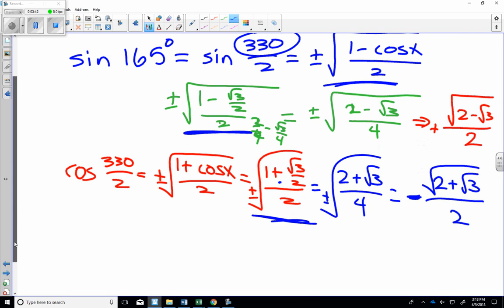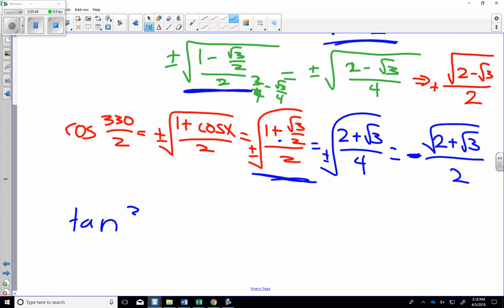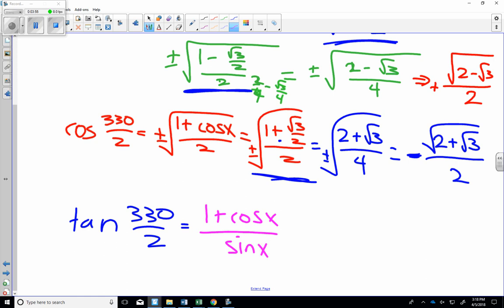And finally, tangent of 330 over 2. And let's see, we're going to use this one that has a single denominator, 1 minus cosine of x over sine of x. So that turns into 1 minus the square root of 3 over 2 over, and the sine of 330 degrees is a negative 1/2.